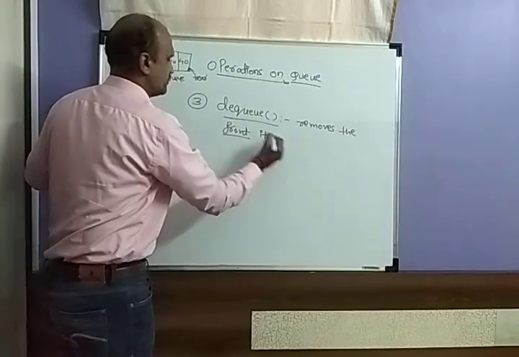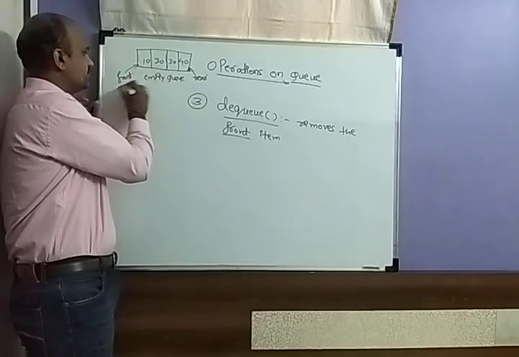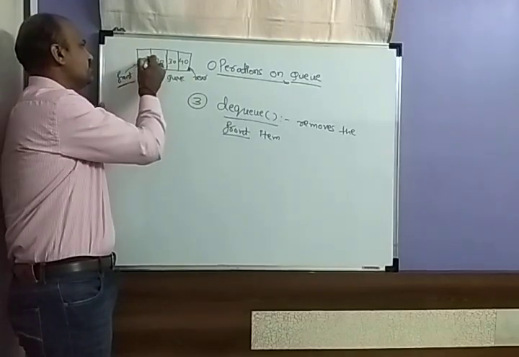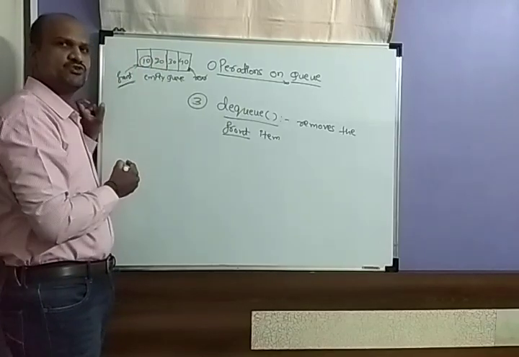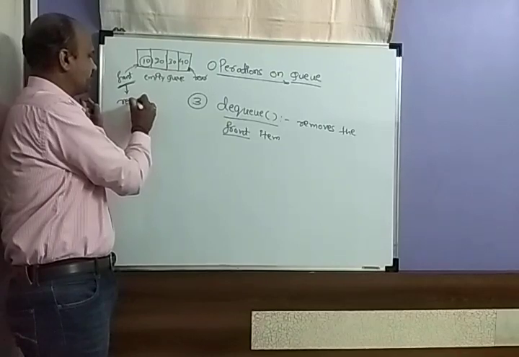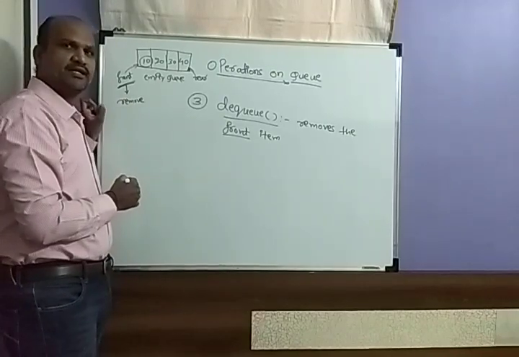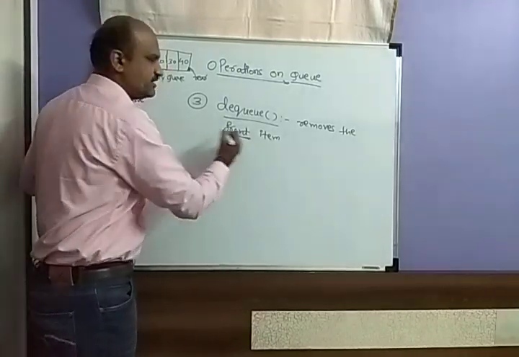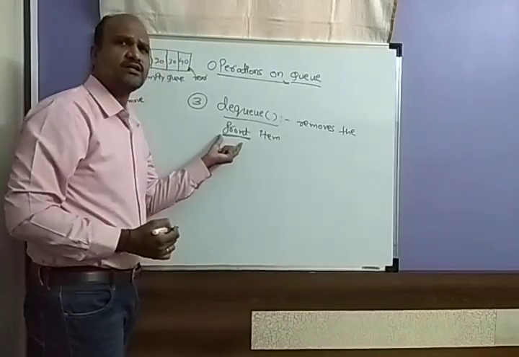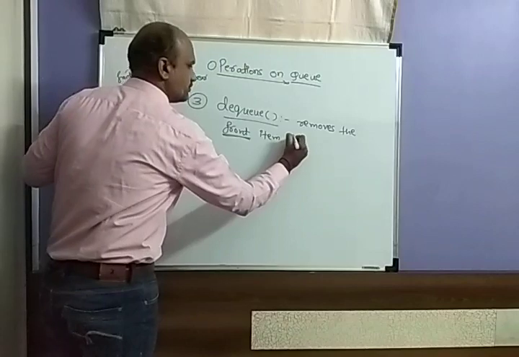Here it is the front. We already added the items from the rear, so here 10 is the item which will be removed from the front. So we remove the front item from the queue.